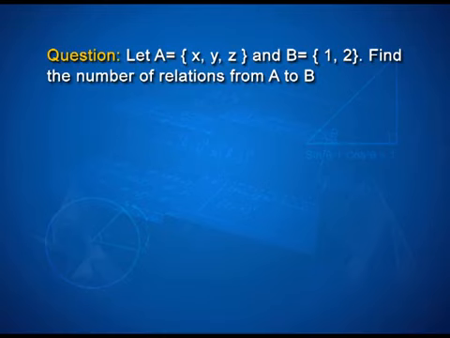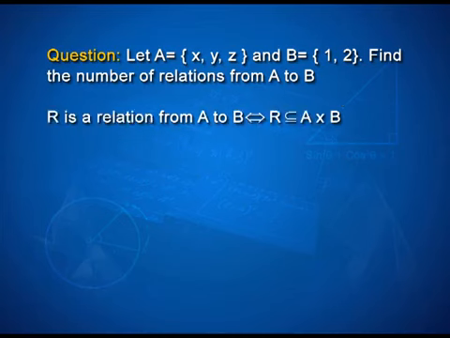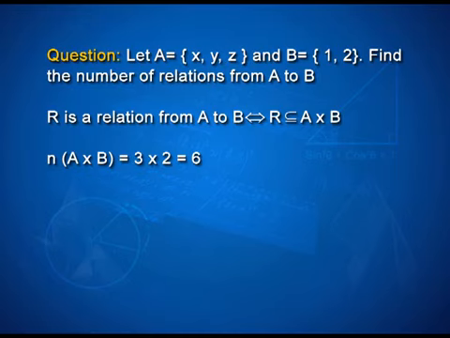The number of relations from A to B can be decided if you remember that R is a relation from A to B if and only if R is a subset of A cross B. So, how many elements do we first have in A cross B? 3 times 2, the 3 elements of A multiplied by the number of elements in set B. And therefore, how many subsets can be formed of A cross B depends on this number, and of course, that little result that you picked up somewhere in the previous chapter.